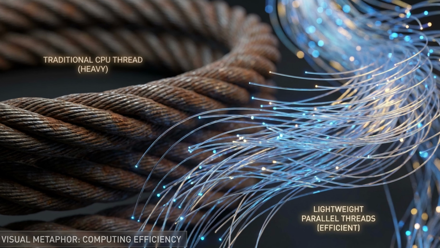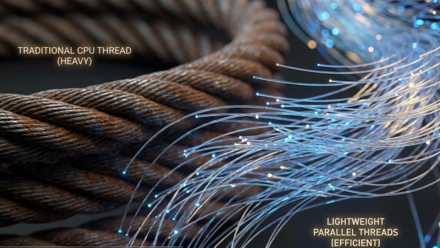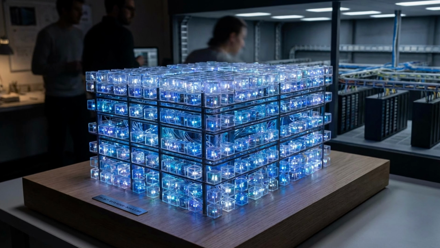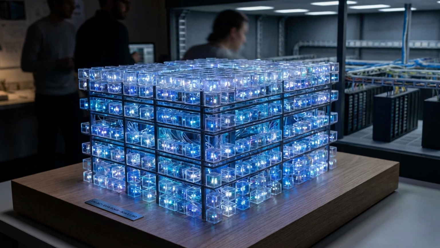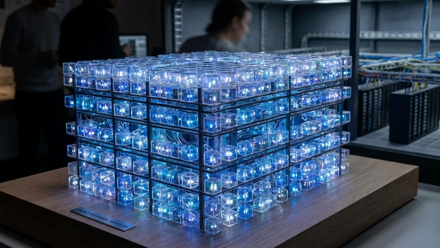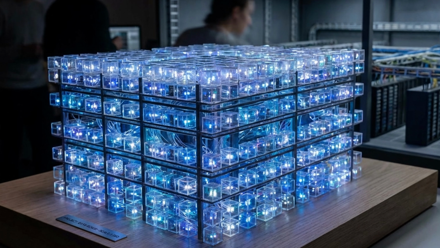Unlike the threads on a central processor, which are heavy and involve significant overhead to switch between, these threads are exceptionally lightweight. CUDA groups these threads into blocks and blocks into grids, allowing the hardware to dynamically schedule and execute thousands of them concurrently using a highly parallel architecture.